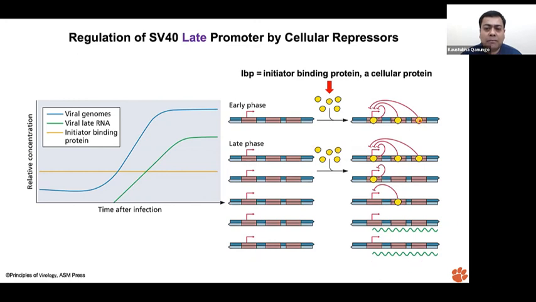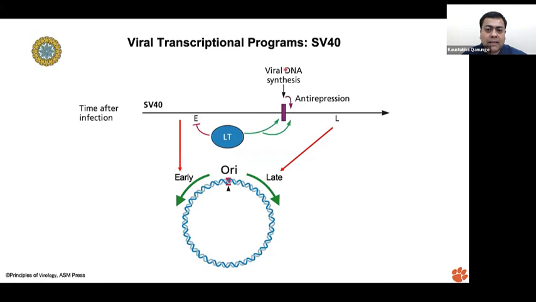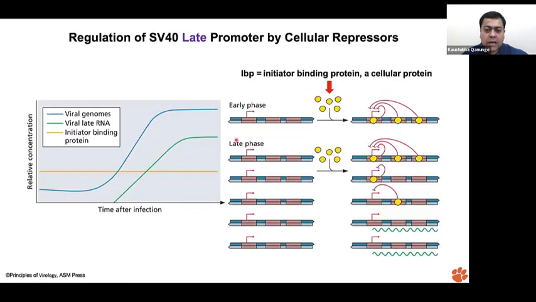So this is the basic process. This is the genome, just a single genome. Think about that, only one genome available. You have enough of this cellular IBP that blocks each and every transcription regulation unit, so no transcription of the late gene. Now see what happens. You have the increase in the genome, which is viral synthesis started by the LT. Now you have a large amount of the genome synthesized, and that will titrate out these IBPs.